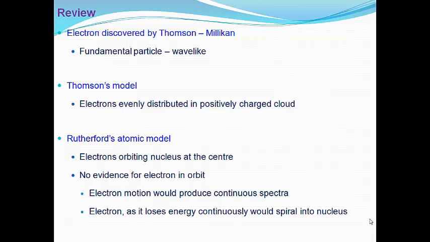Then we went on to looking at a more sophisticated model of the atom as proposed by Rutherford, which shows that electrons are orbiting the nucleus at the center, and the electrons themselves are in specific orbits around the nucleus.